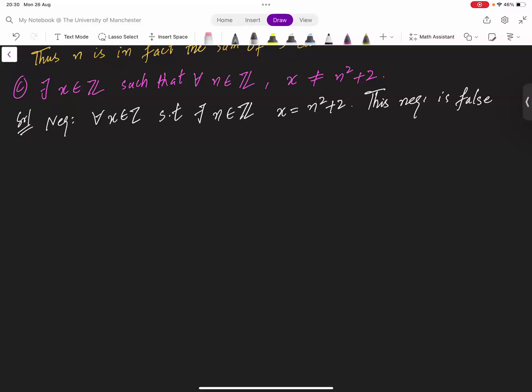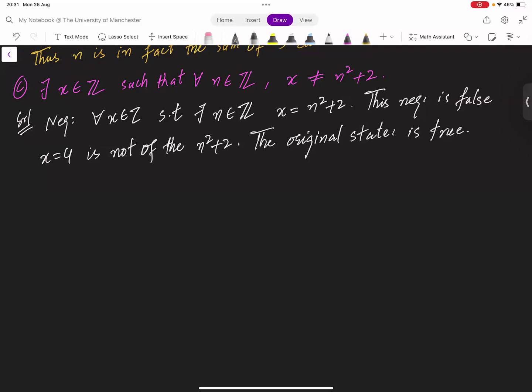For example, let's take x is 4, and you cannot write this in the form of some n square plus 2. So the original statement is true.